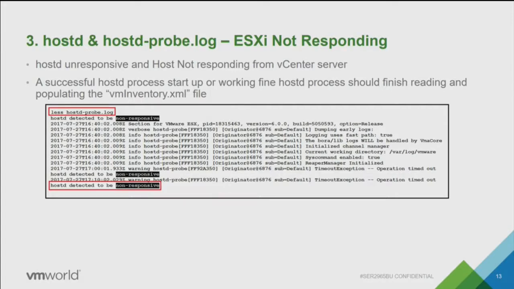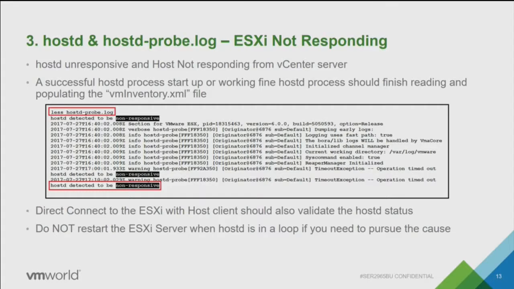Now, you can call it a watchdog, but it's not a watchdog. We also have another watchdog file. The key thing to look at in hostprobe.log is whether, in plain text English, it tells you that hostd is non-responsive. Now, yes, I found that hostd is non-responsive, so what next?